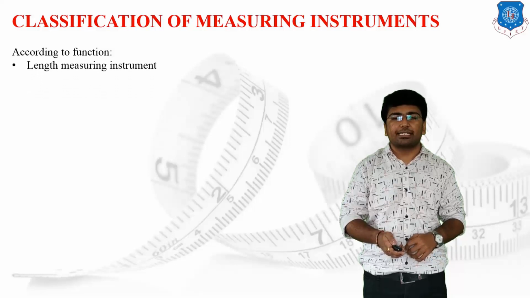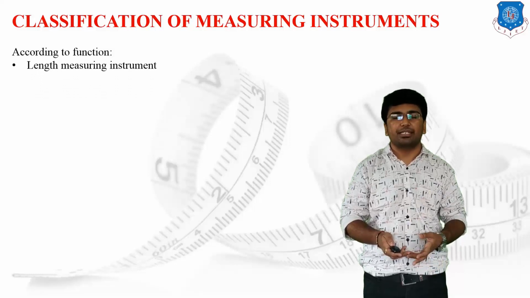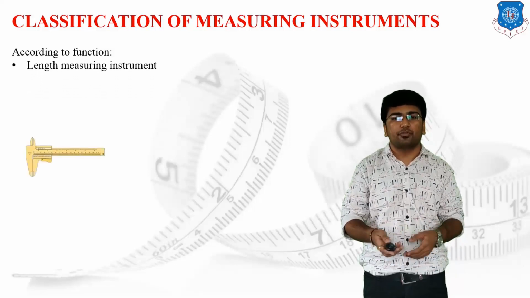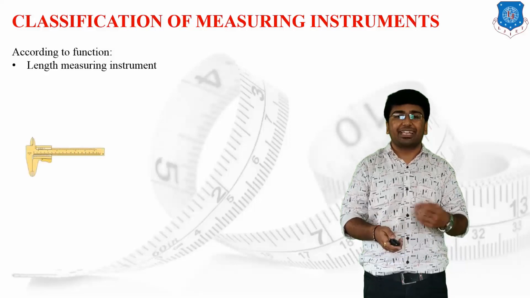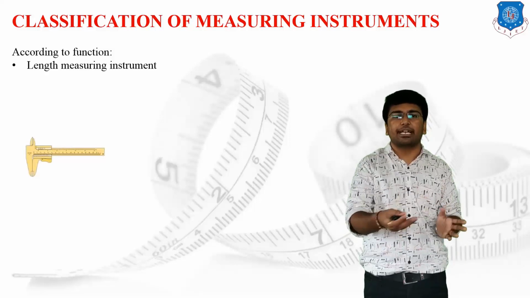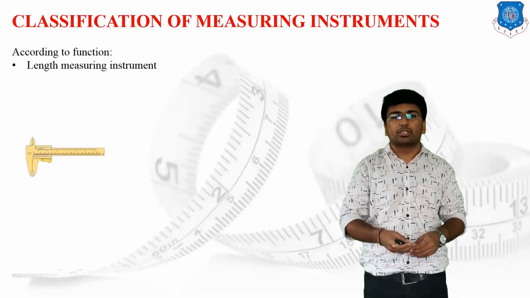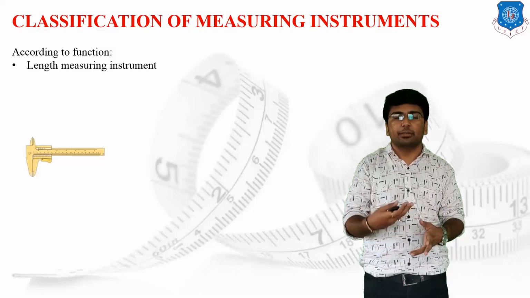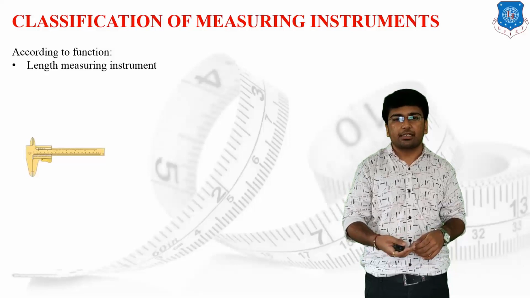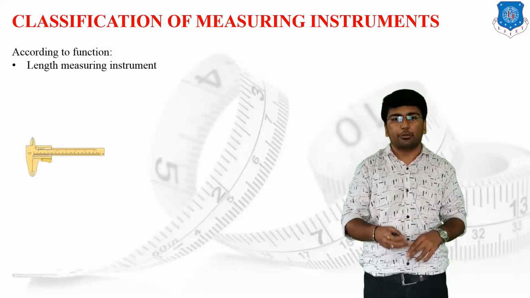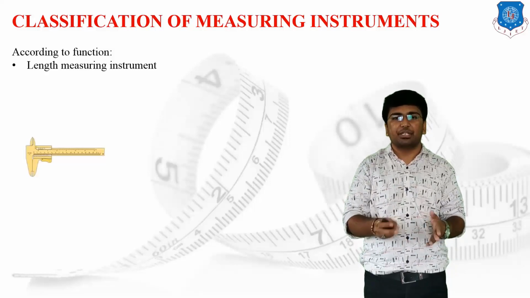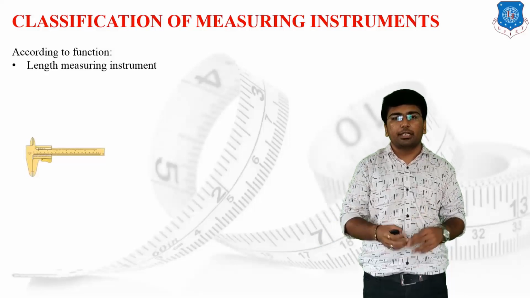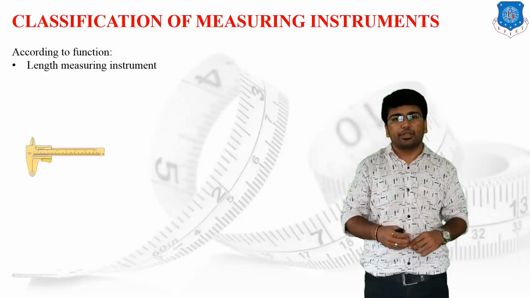The first one is the length measuring instrument. It means the instrument which is useful for the measurement of length. We can say scales; the basic scales are useful for the measurement of length. Examples of length measuring instruments are scales and the vernier caliper. You can check on your screen, that is a basic conventional vernier caliper which is used to measure the length of a given line.